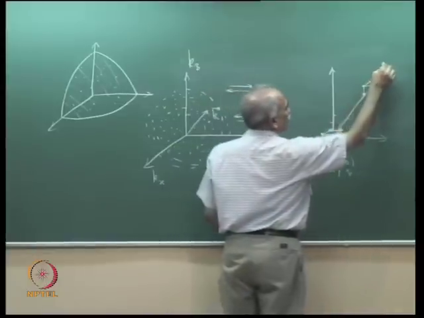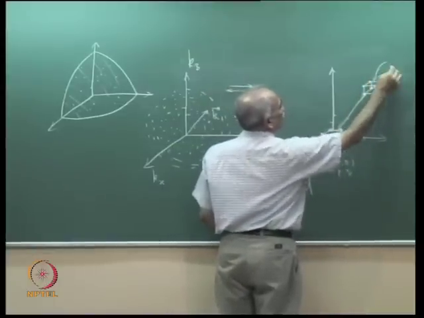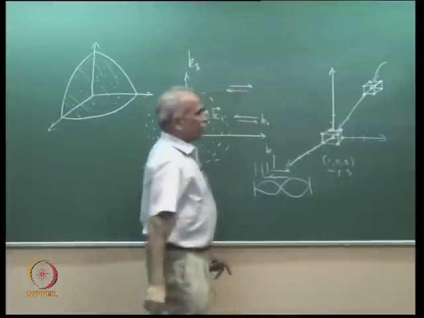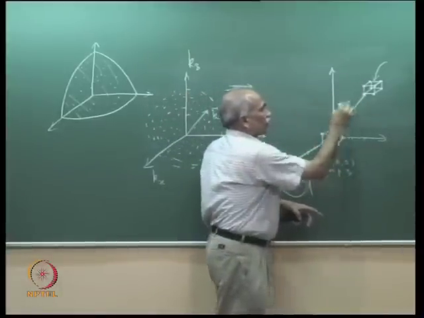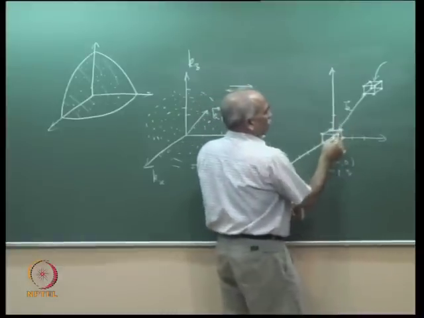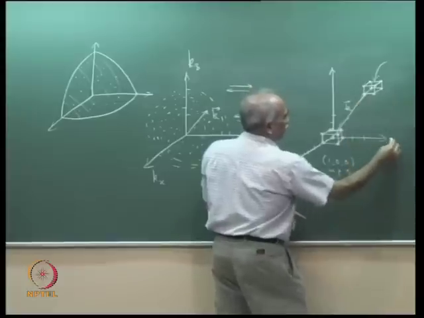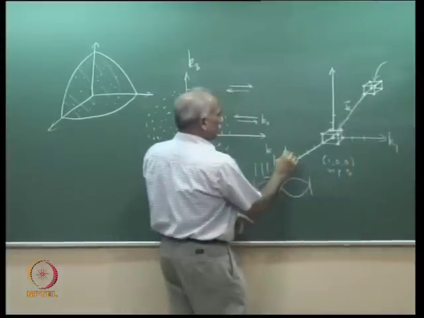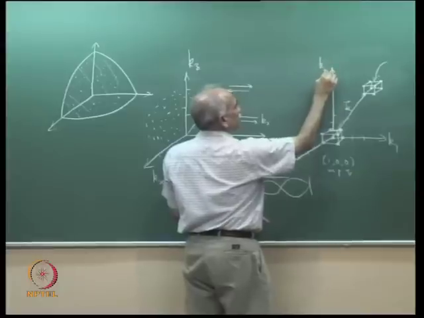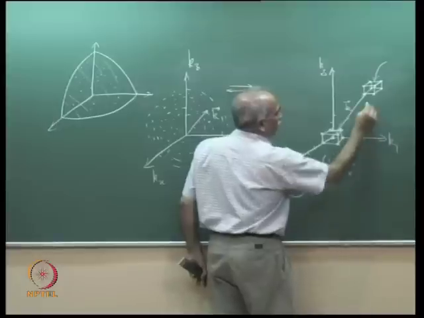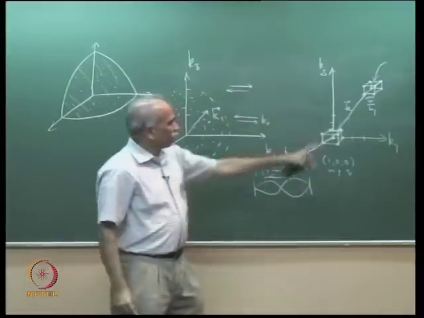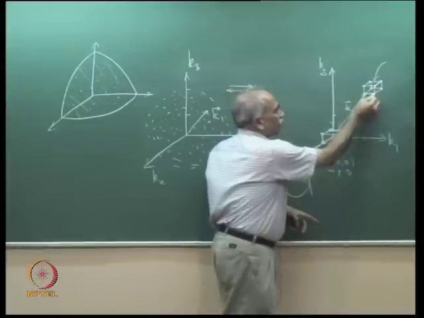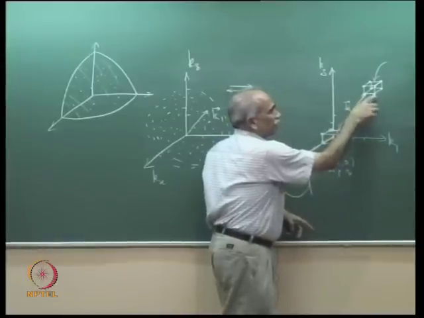What I have drawn is an infinitesimal volume in the K space, a small volume. This is a K value. Just see the picture. This is Ky, this is Kx, and this is Kz. If I change Ky by this separation, which is pi divided by Ly, then the tip of the k vector can sit here.